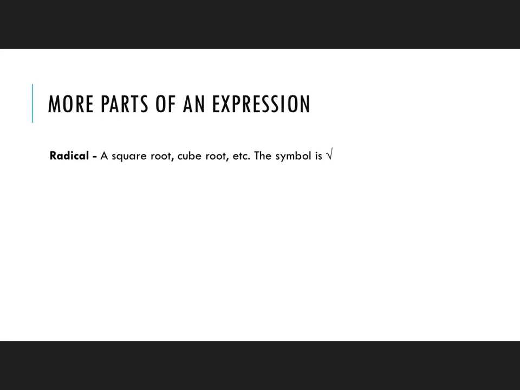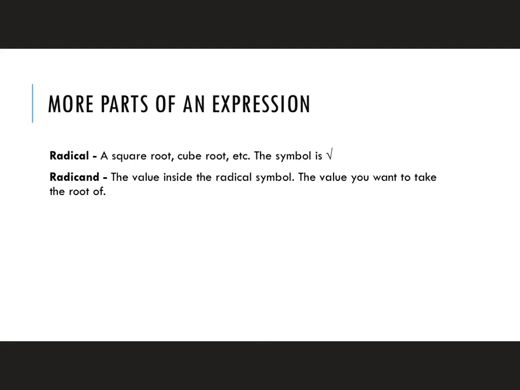It is a square root, cube root, etc. This is the symbol. So, you guys know when you see that symbol, we're taking a root, and that's called a radical. We also have something called a radicand. We're talking about what's inside here. This is our radicand. The value inside the radical symbol that you want to take the root of. Remember, if we have a 3 here, that index value, that tells us we're taking a cubed root.